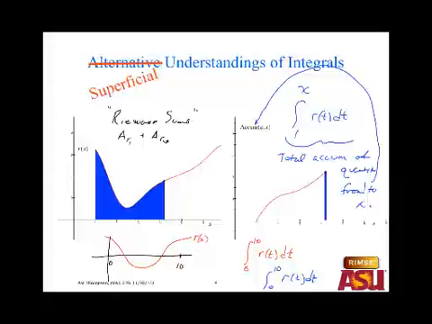Questions on that? So yeah, Riemann sum. Area of rectangle 1 plus area of rectangle 2 plus area of rectangle 3. And that's just R1 delta x plus R2 delta x. Okay? And just like we had left, mid, and right, with rectangles it's the same thing. How are you determining the height of your rectangle?